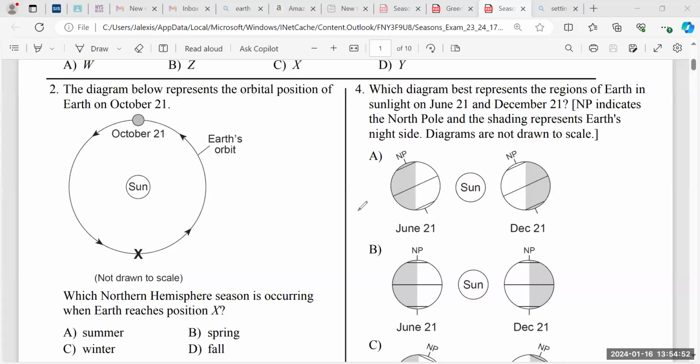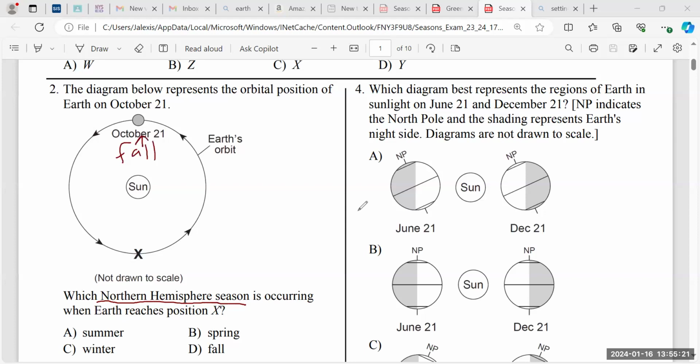All right, number 2. Number 2 says the diagram below represents the orbital position on Earth on October 21st. And the question says, which northern hemisphere, that's a key thing, which northern hemisphere season is occurring where Earth reaches position X? So if October 21st is here, that means that technically right now it's fall.